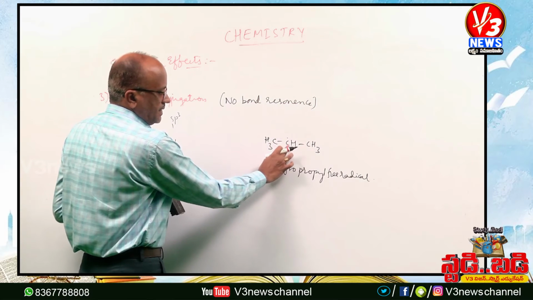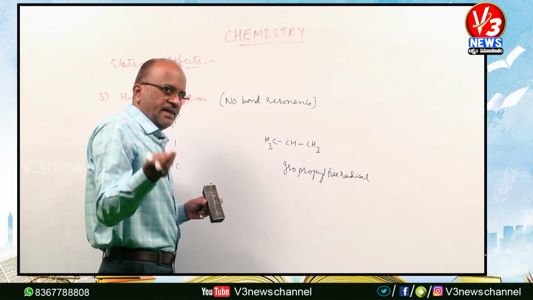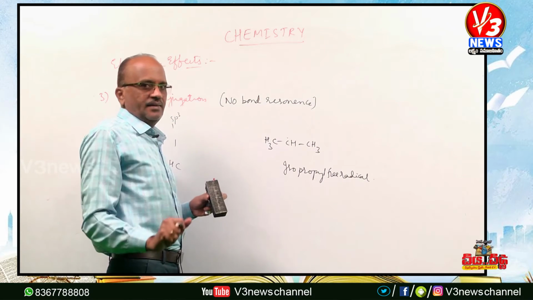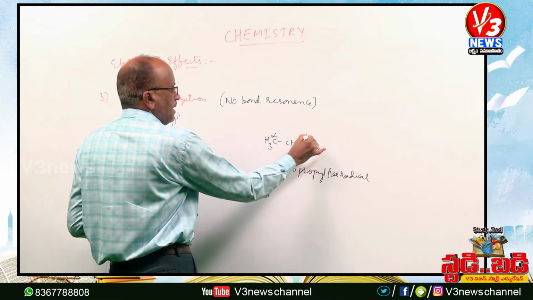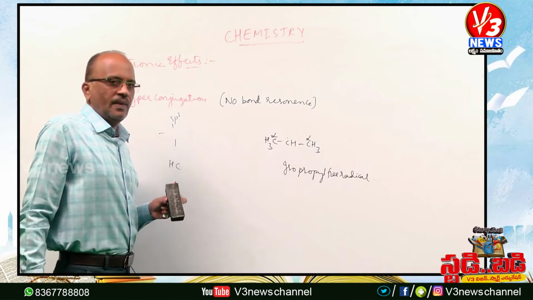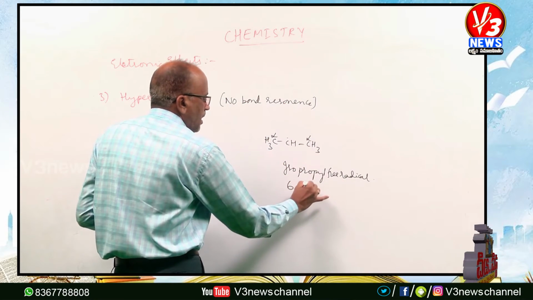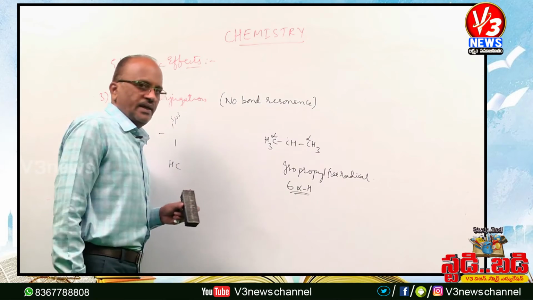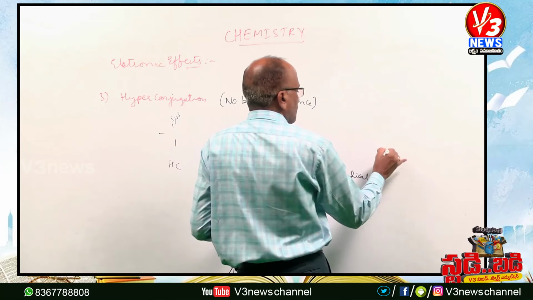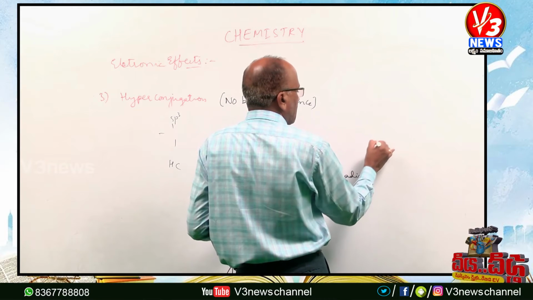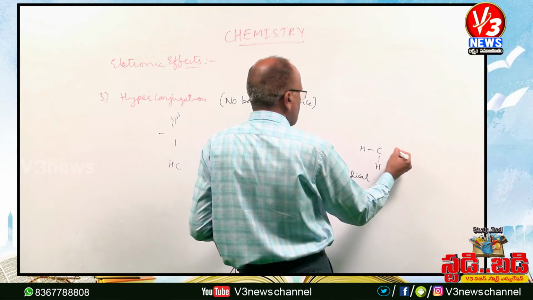Now, this is an unsaturated carbon because it is deficient in electrons to get an octet. The next carbon is alpha, and similarly this carbon is also alpha. Then how many alpha hydrogens are there in total? 6 alpha hydrogens. We can write 6 hyperconjugative structures. I will write just one structure, the remaining you can see in the same way.